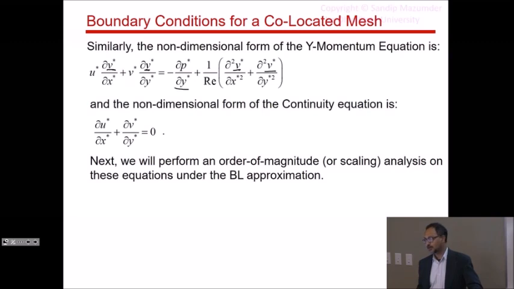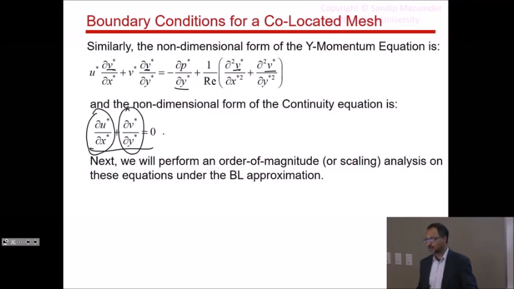So the basic idea in order of magnitude analysis is that we look at the order of magnitude of different terms in an equation. For example, in this equation here, I can never say that this is much larger than that. If that were the case, then the second term does not exist in that equation, and I should throw it away.